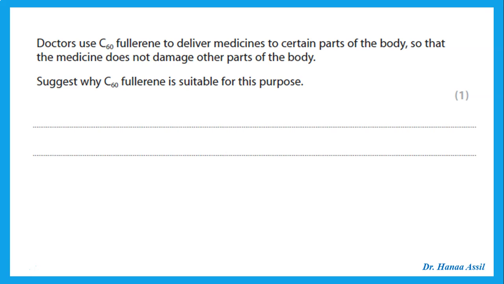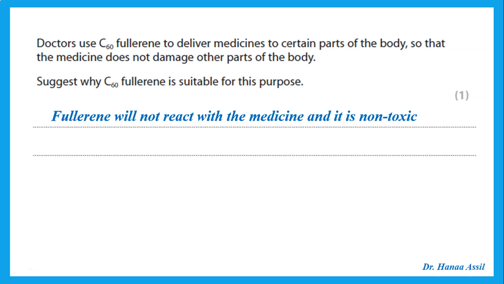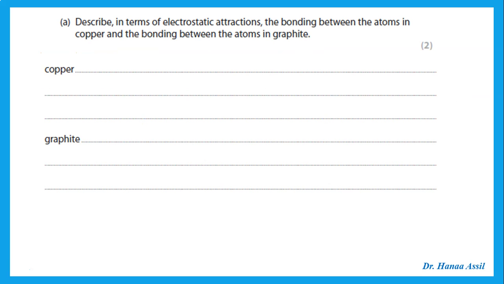Remember, we said fullerene is a small molecule and it's in the form of a sphere, so you can put a medicine inside the fullerene and you can inject it into certain parts of the body, and that is okay because fullerenes are not reactive. They will not react with the medicine and it is not toxic, so that is useful for this kind of medicinal purpose.